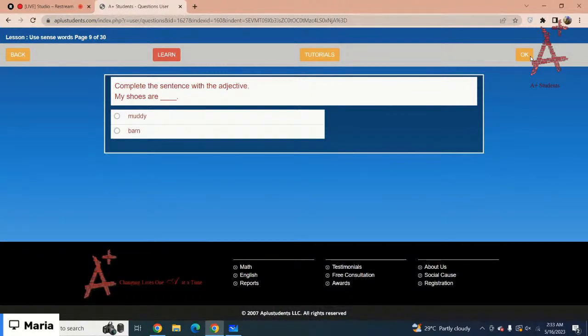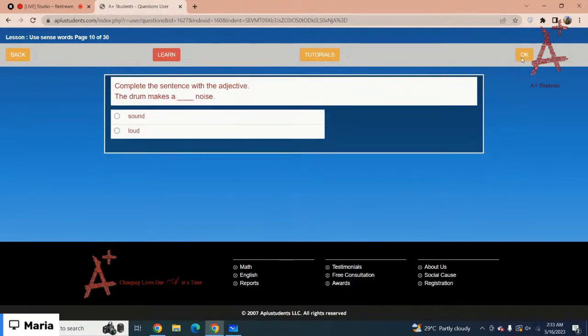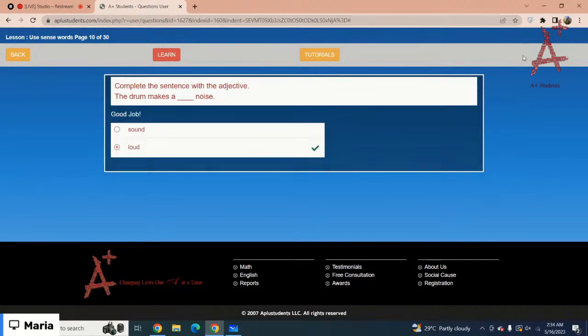Muddy or barn, which is the correct option? My shoes are muddy. The correct option is muddy. The drum makes a dash noise. Sound or loud, which is the correct option? The drum makes a loud noise. The correct option is loud.